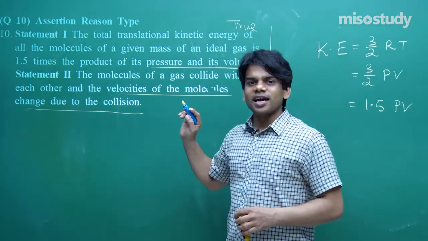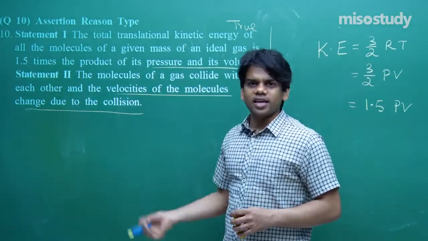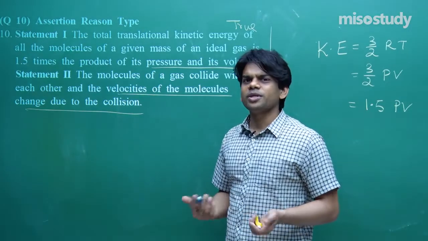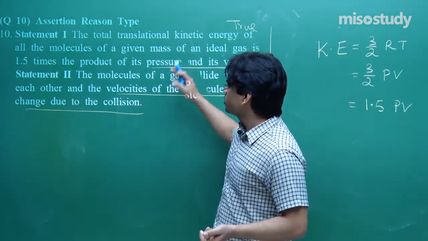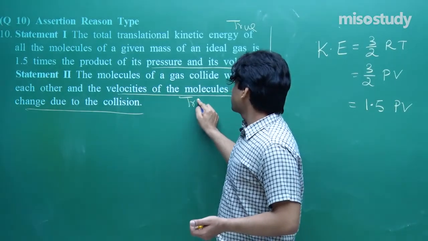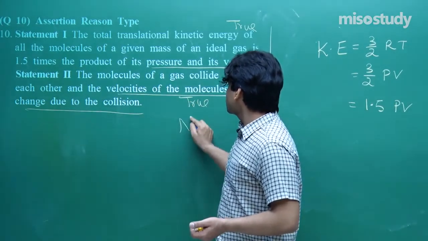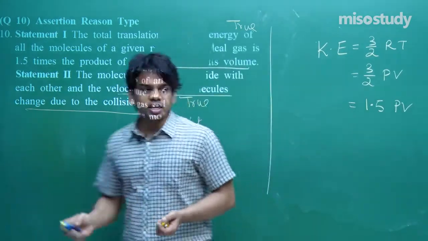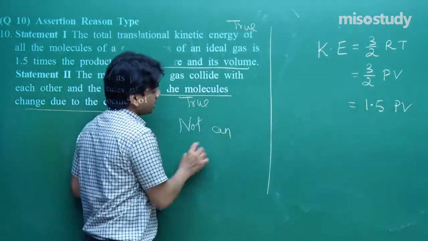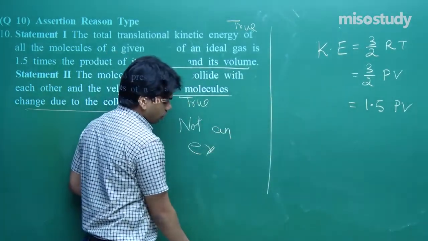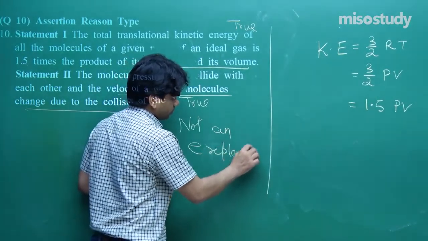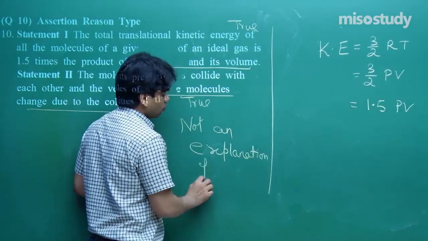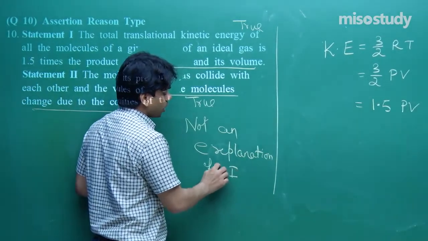But try to understand, this is not the reason for the energy. It will depend on pressure and volume. So this is not the explanation for statement number 1. This is true, but not an explanation for 1.